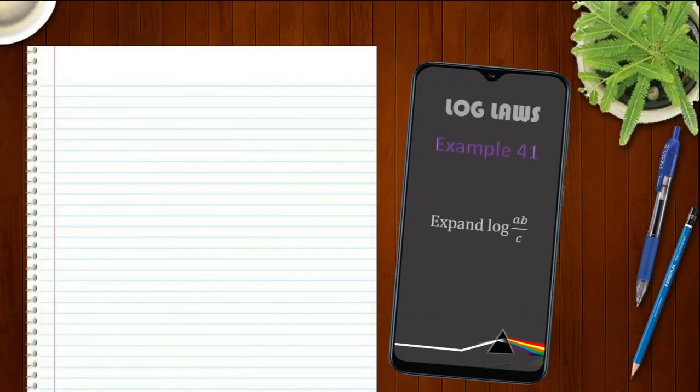Okay, so let's look at some examples. Example 41: expand log AB over C. When we expand, we can see we have a numerator and denominator, and they are divided by each other. So I'm going to say, using the second law, log AB minus log C, because the second law said log x minus log y will be x divided by y.